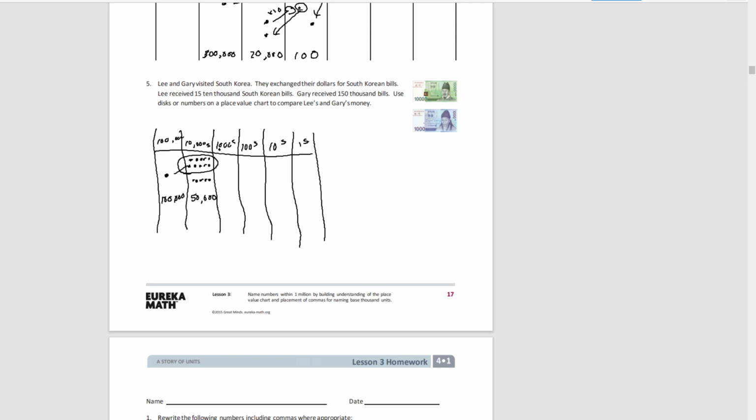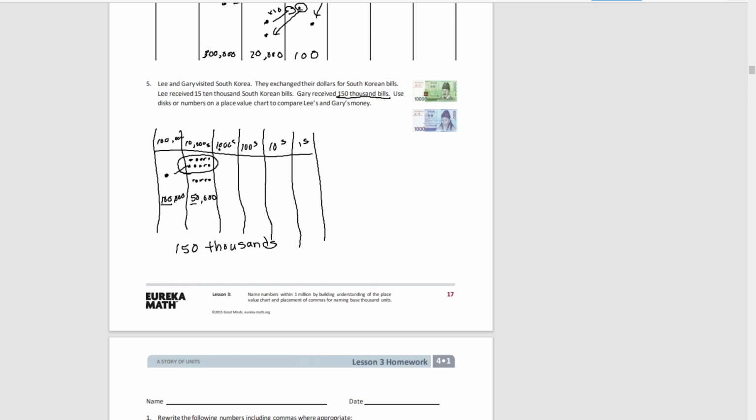So looking at how many thousands he has, 150 thousands. So he has 150 thousands, which is exactly what Gary has. So when we look at the value of what Lee had in 15 $10,000 bills, we see it's equivalent to what Gary received.